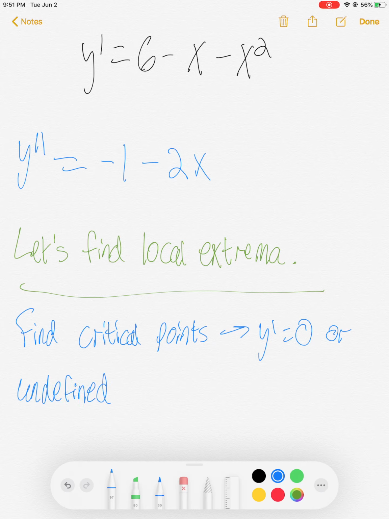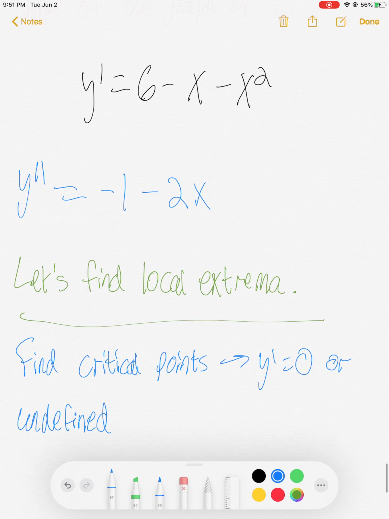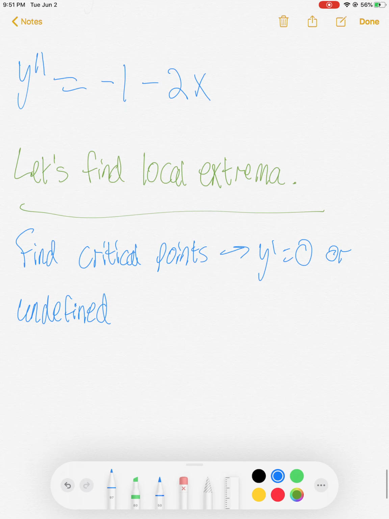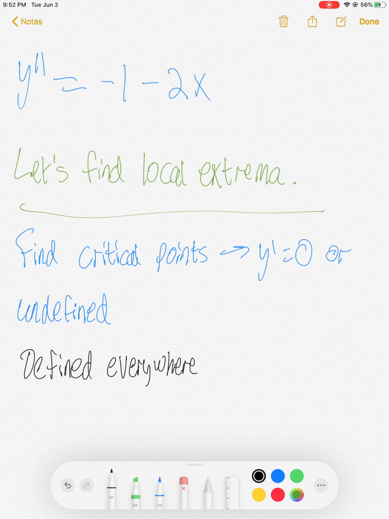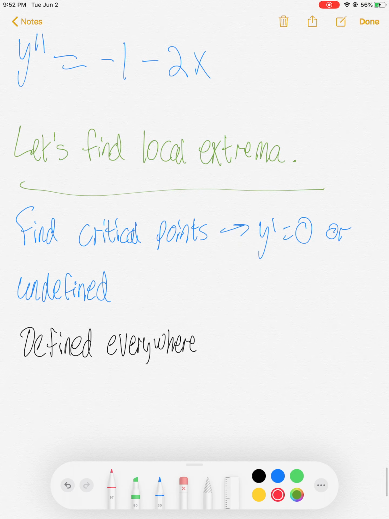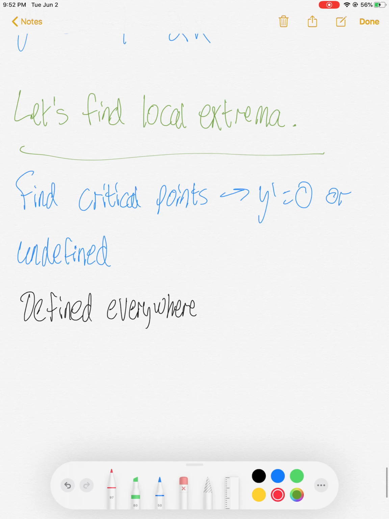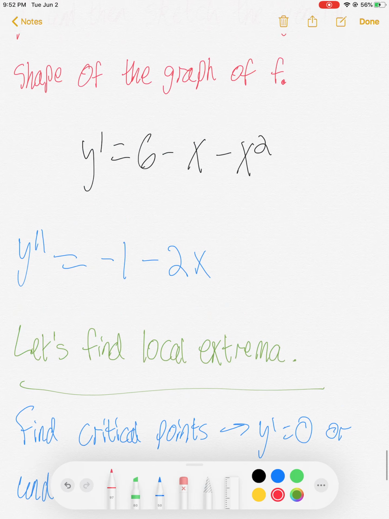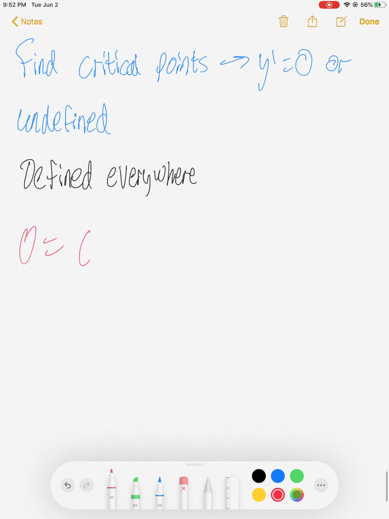So find critical points: y prime equals 0 or undefined. Well, y prime, as you can see at the top of the screen here, is 6 minus x squared. That's just a polynomial, so that is surely defined everywhere.